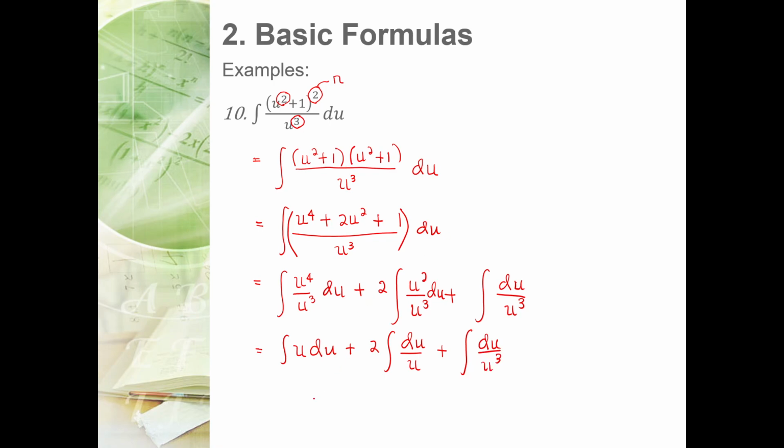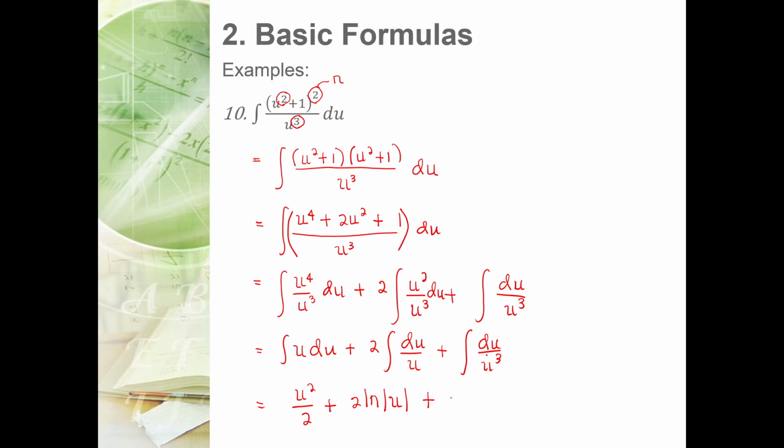So that's u squared all over 2 plus 2 ln u. And then this one is negative 2, right?